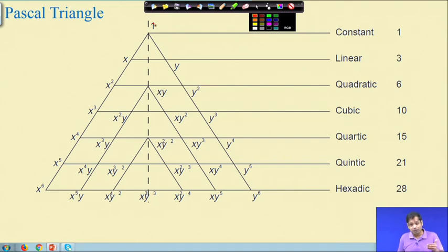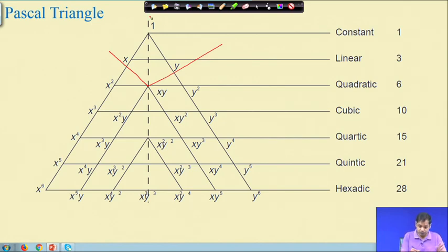If it is a linear approximation, then you have to use one term associated with the constant, one term dependent on x, and one term associated with y. Okay, and then if it is quadratic, how many terms do you have?